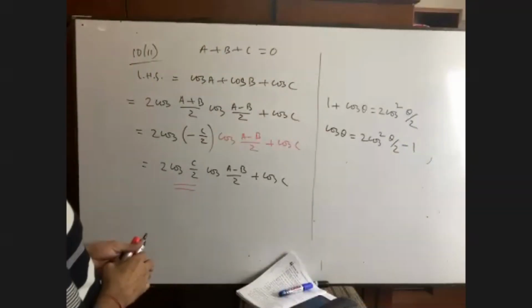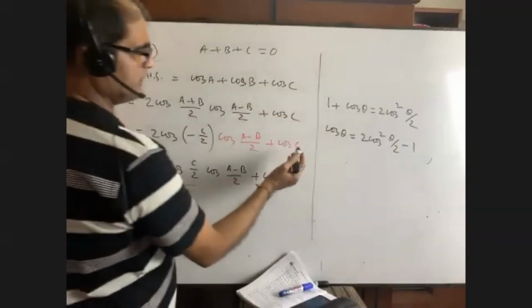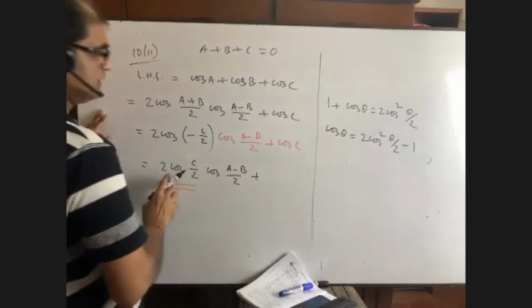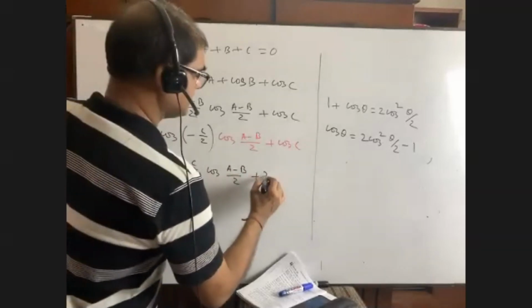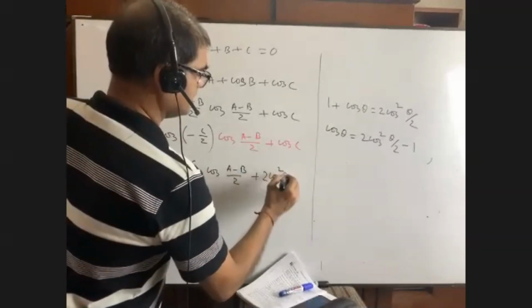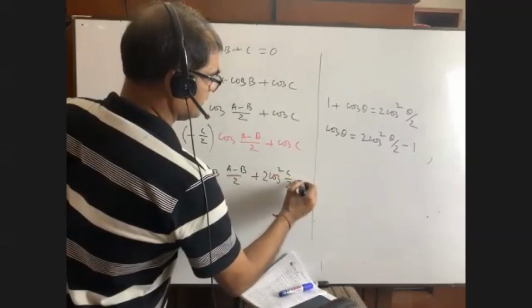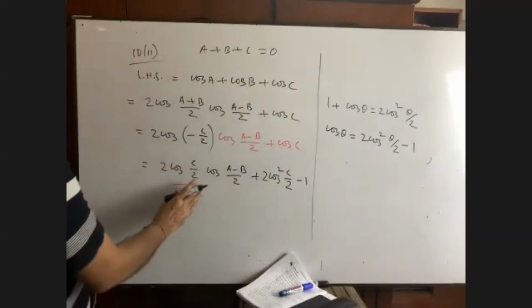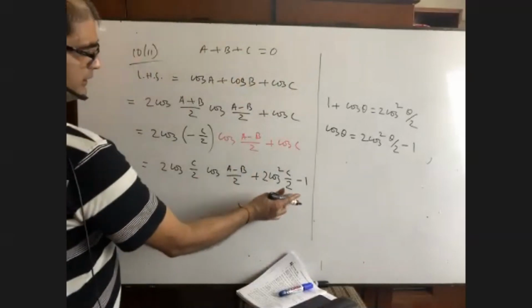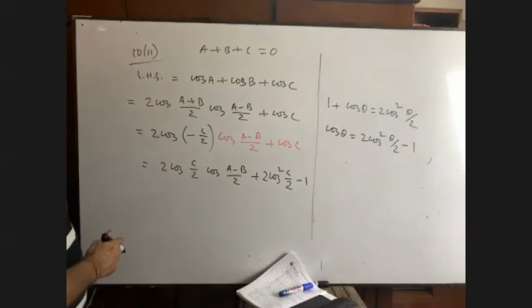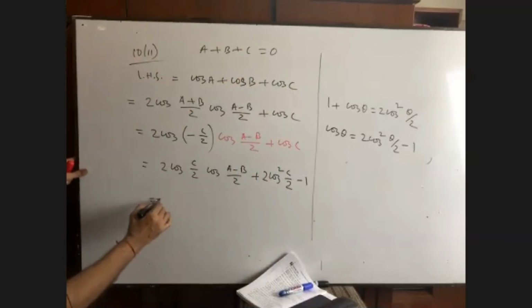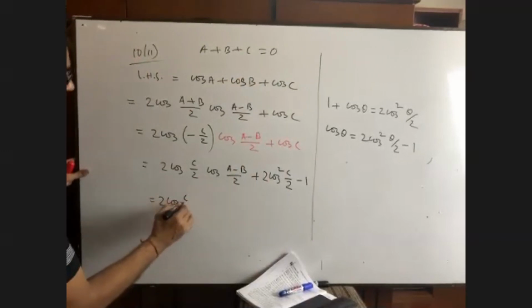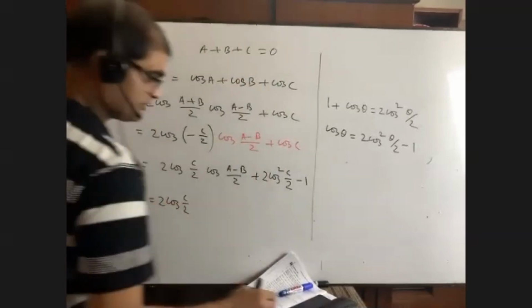So what should we do? We must put this formula here. So write down 2 cos square C by 2 minus 1, so that we can take common. 2 cos C by 2 can now be taken common, right? Very good.